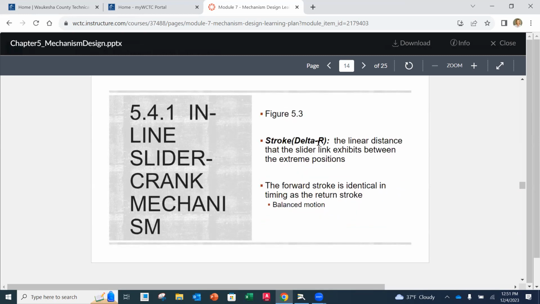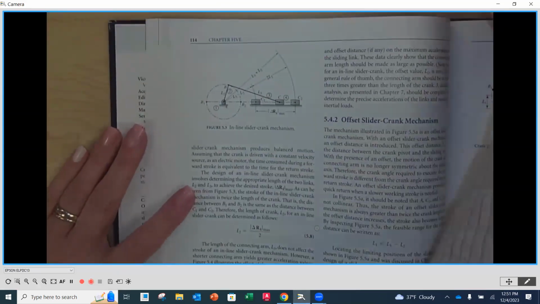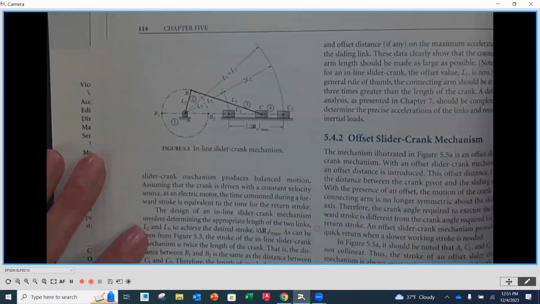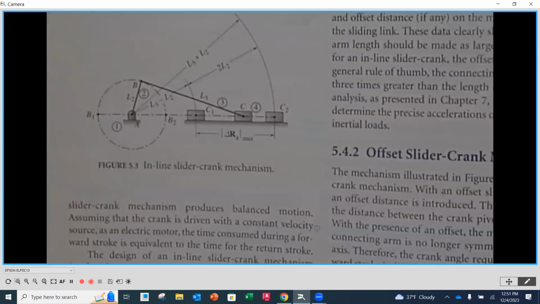So as we continue on here, for the inline slider crank mechanism, if we look at figure 5.3 on the top of page 114, we're going to look at the stroke. We've identified stroke when we looked at slider crank mechanisms and the kinematic diagrams, especially in the analysis of its displacement.